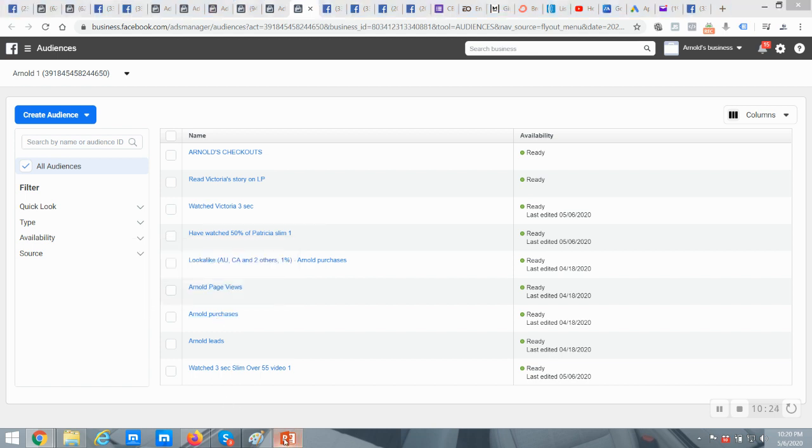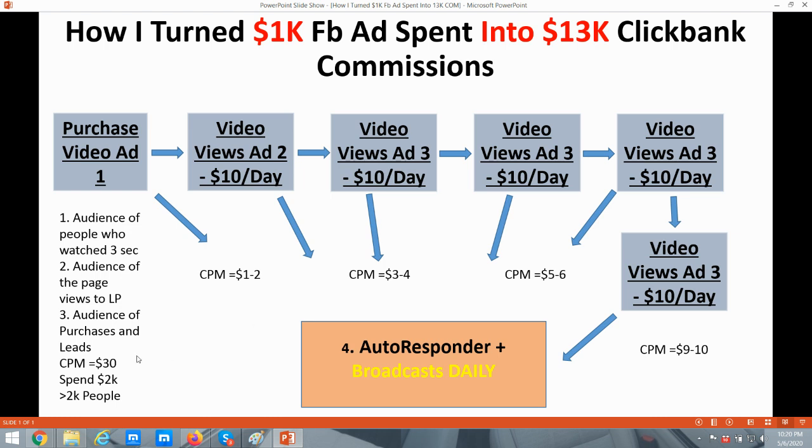So we're going to have 2,000 people, and in this campaign we only going to target those people who watched the video at least 3 seconds, and this only works if you do video. And we're going to exclude the audience that has purchases. We don't want those people.